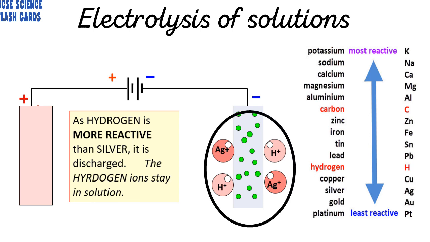If the metal is more reactive than hydrogen, then hydrogen is formed at the cathode. If the metal is less reactive than hydrogen, then the metal will be formed at the cathode. For example, if you had a solution of silver nitrate, then silver would be formed at the cathode because silver is less reactive than hydrogen.